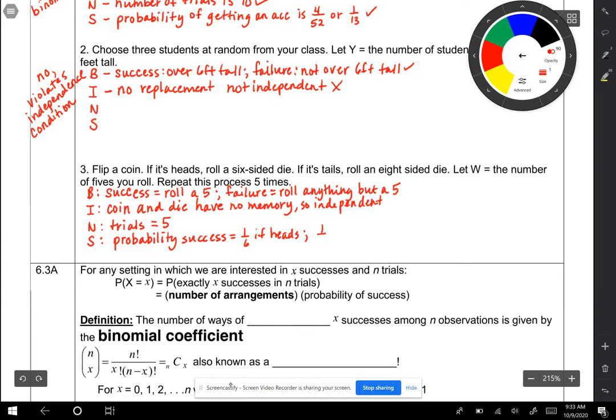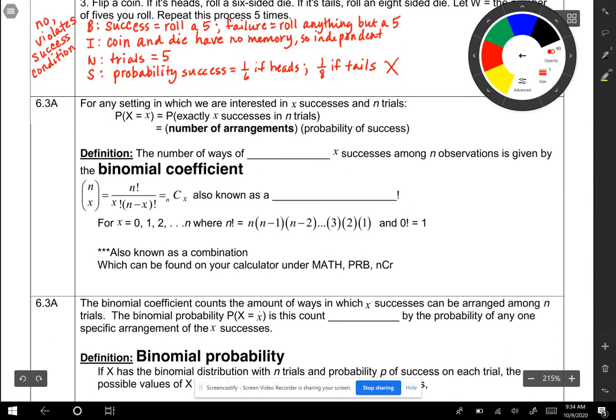The probability will be 1/8 if tails, because it's an 8-sided die and you can only get a 5 1 out of 8 times. So this is violated. So no, it violates the success condition of our binomial setting. So hopefully doing those 3 examples will make more sense.